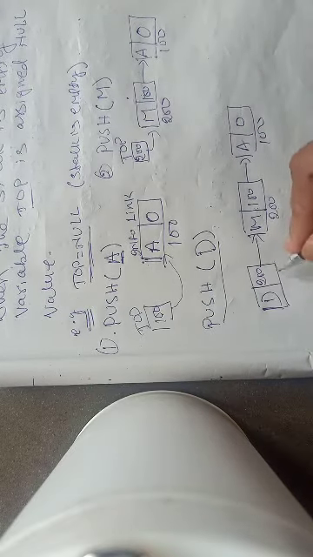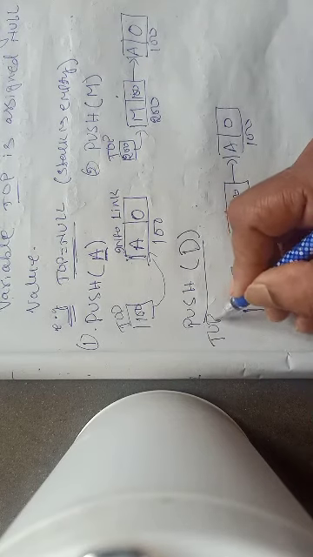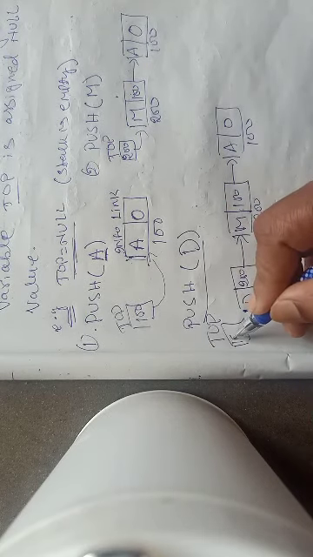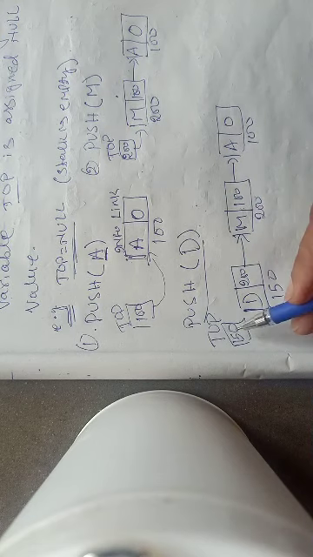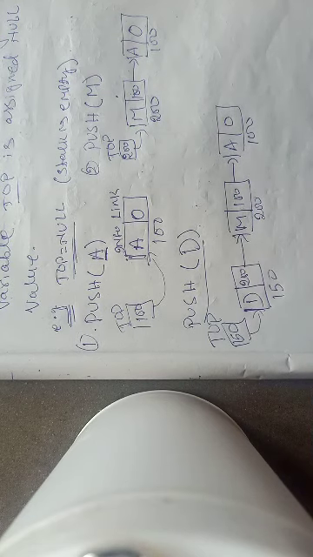This new node must have its own address. Let's say its address is 150. Now this address will be stored in the variable top. So what is the value of top? 150. So top points to the new node. You got it? I hope you are becoming more and more clear.